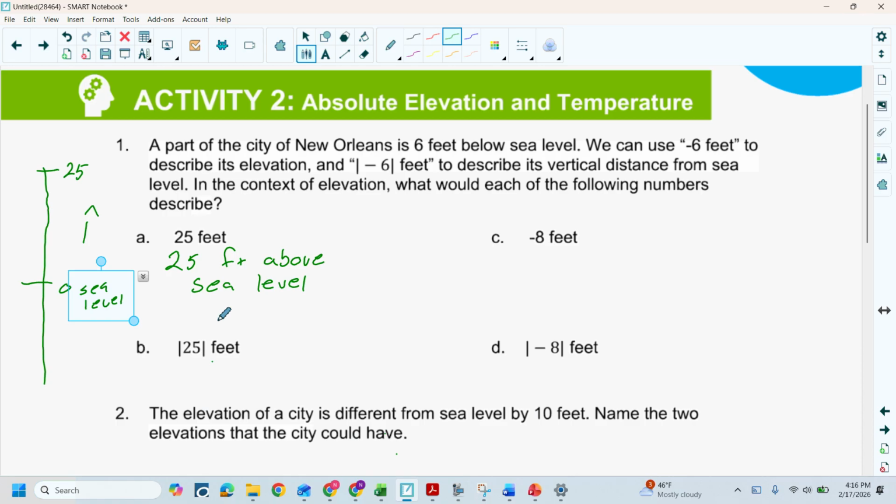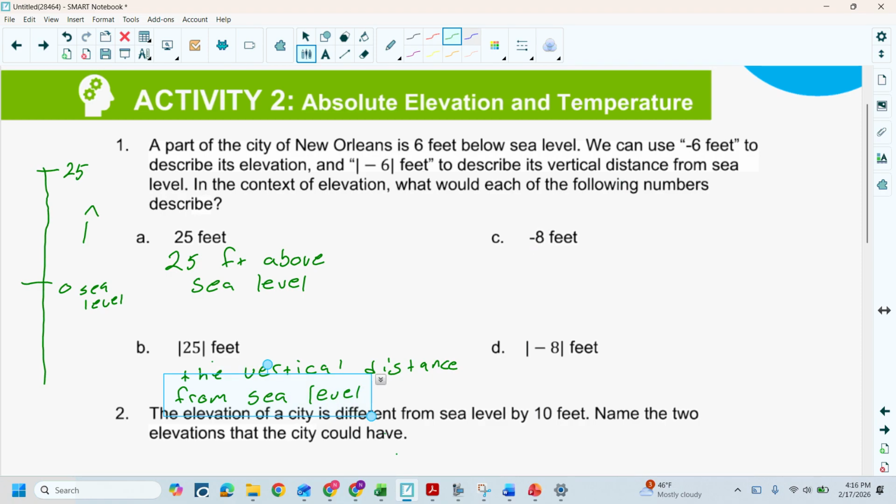And so the absolute value of 25 is the vertical distance from sea level.